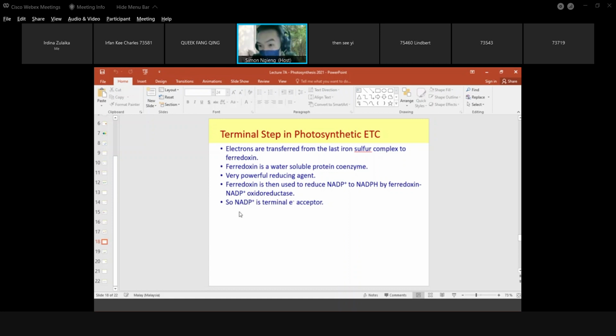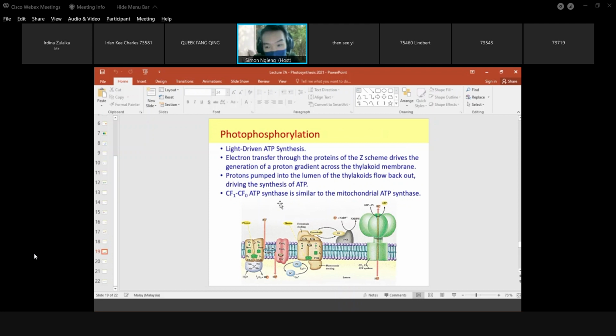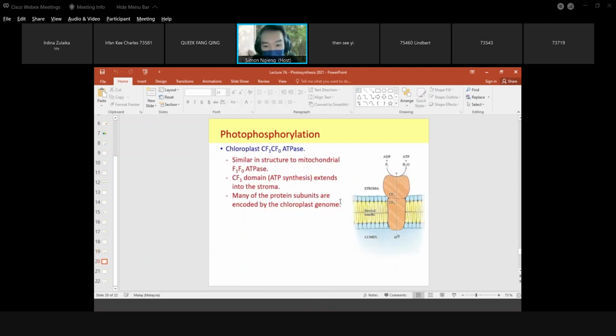It is the last molecule that is going to receive the electron. So this is your photophosphorylation, which is the production of ATP by phosphorylation of your ADP into ATP. So this is the structure of your ATP synthase.